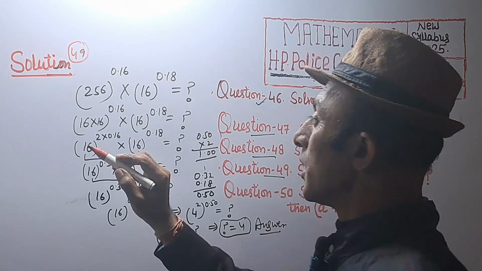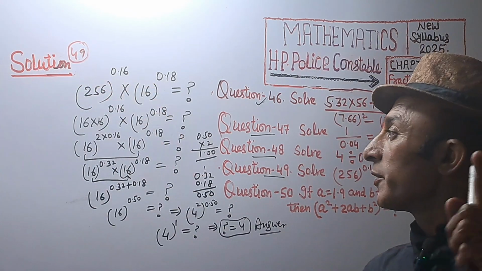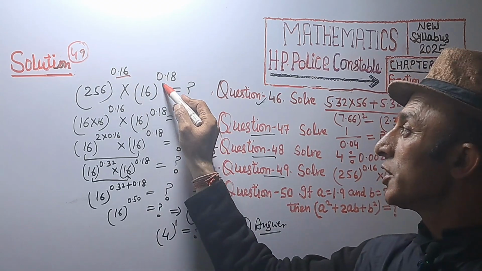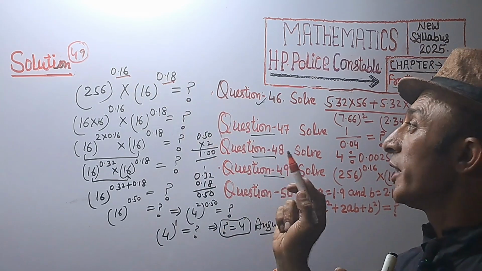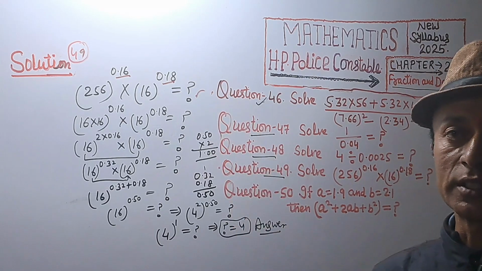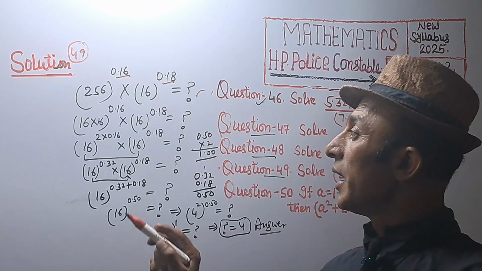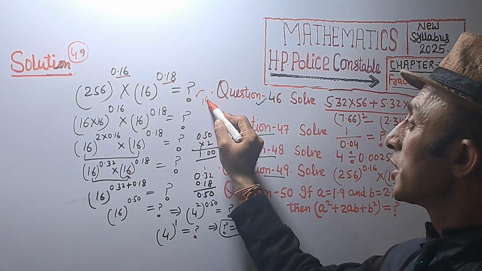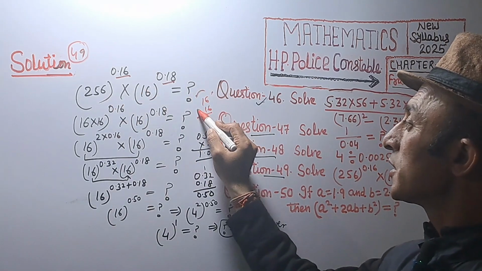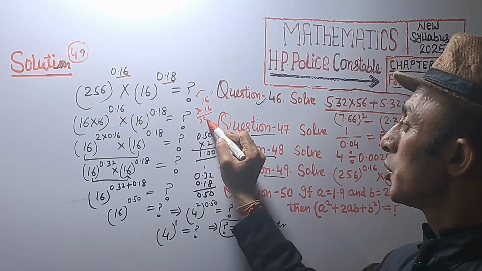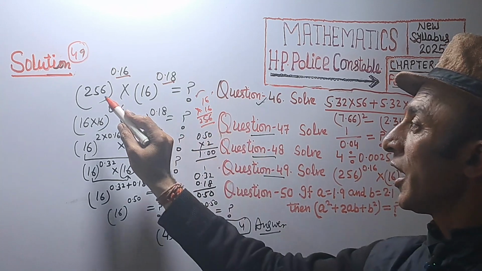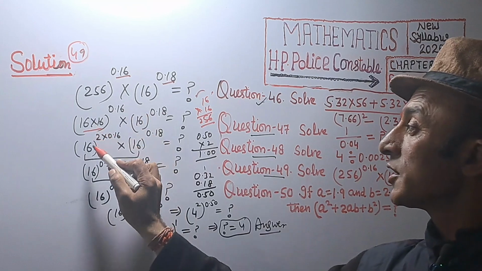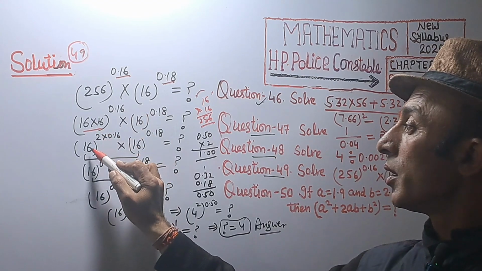Answer. Given question is 256 raised to power 0.16 into 16 raised to power 0.18. And 256 we can write as 16 into 16, 16 multiplied by 16 is equal to 256. So 256 is 16 raised to power 2.